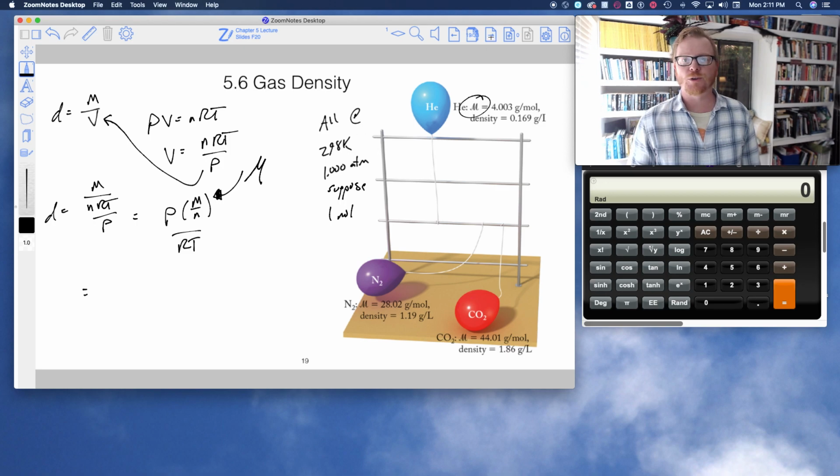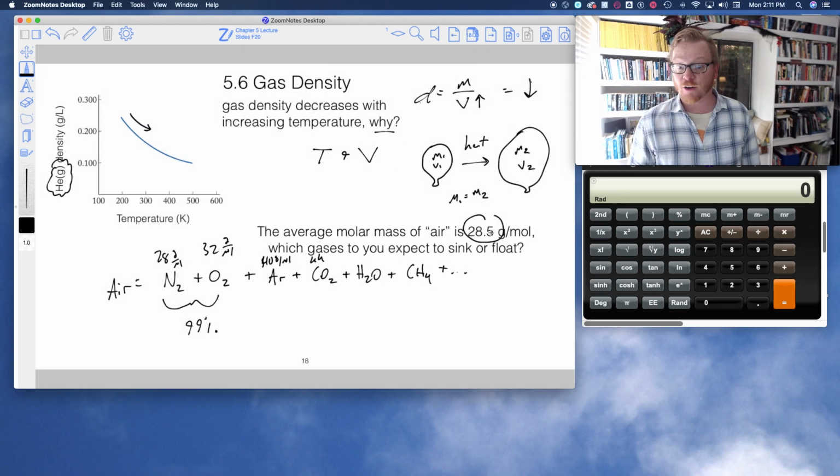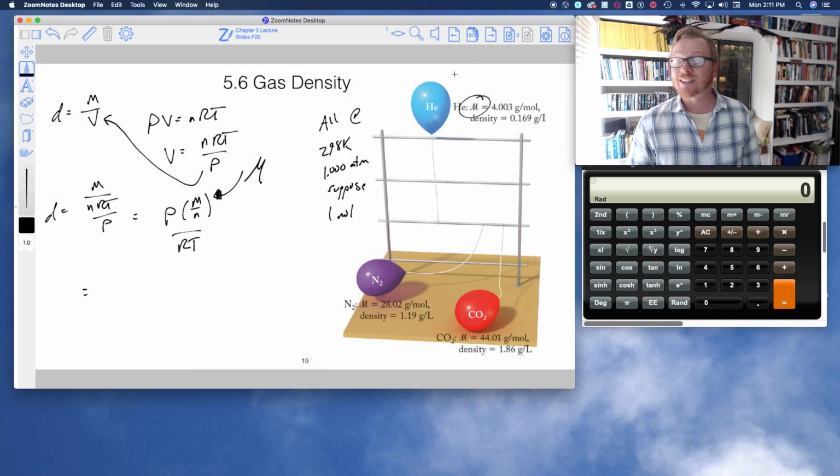And I told you the average molar mass of air is 28.5 grams. So let's calculate the density of air at 1 atmosphere and 298 Kelvin. P is 1.00 ATM. We're going to use the average molar mass of air, 28.5 grams per mole.